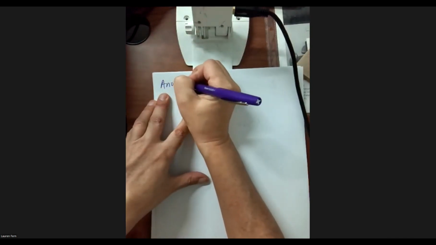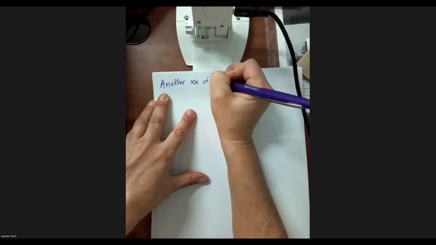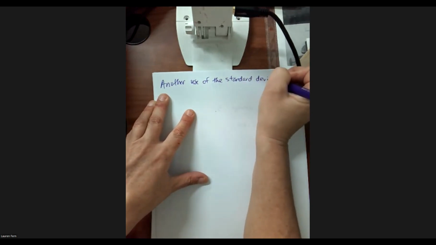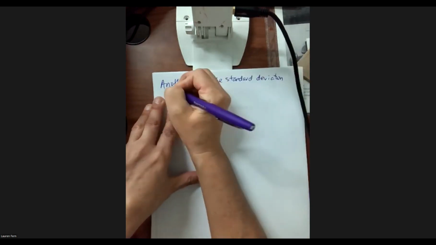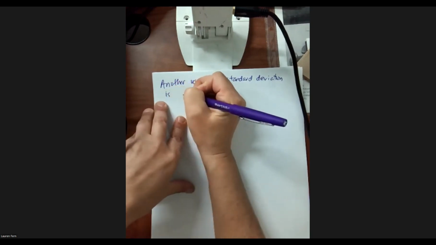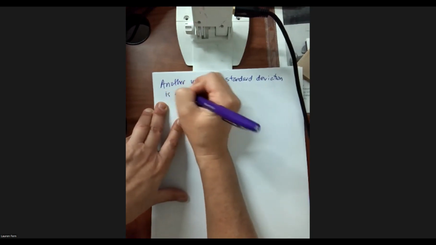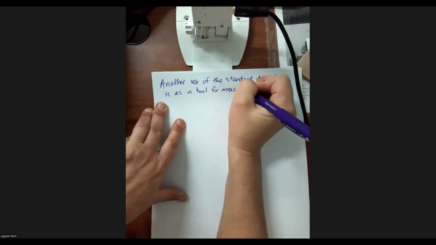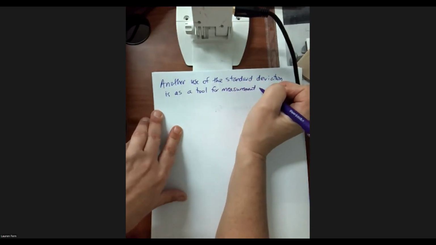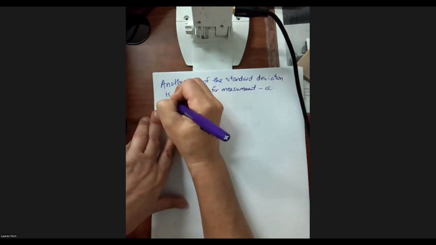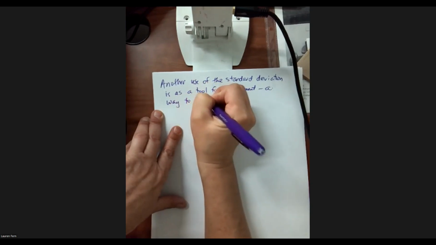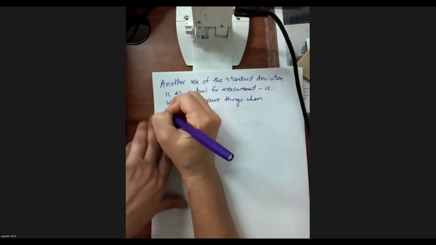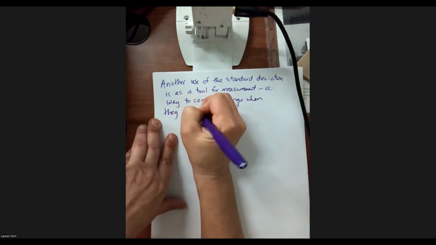So another use of the standard deviation is as a tool for measurement. Essentially, it's a way to compare things when they are measured on a different scale.